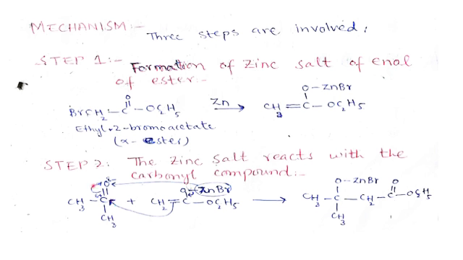This electron density will be shifted towards the oxygen, and this is the partial positive part of the molecule. It will be attracted by this negatively charged oxygen, and the organozinc intermediate or organozinc reagents are formed in this step.